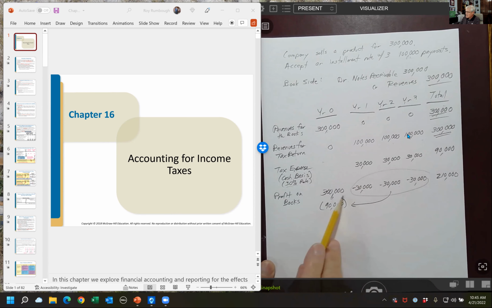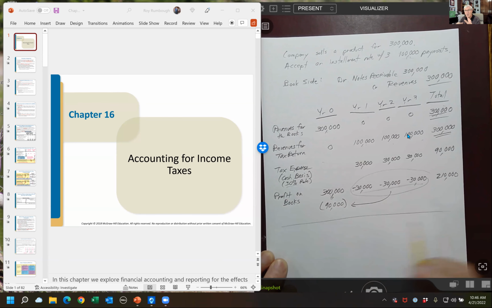Now, I hope you see at this year, you've got to pay $90,000 of taxes in the future. Does that sound like a liability? Yeah, that's the definition of a liability. Go back to chapter 13 lectures. So now there's going to be some ways we get here. There are some shortcuts to come up with this answer, but I'm going to give you a simple look at how this works.